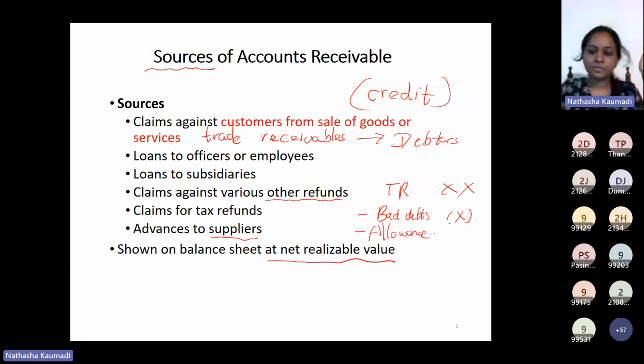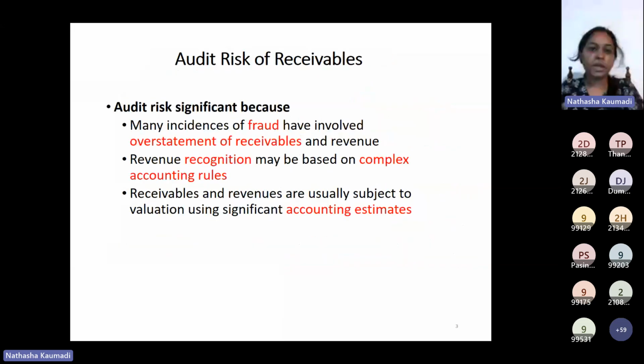Then you end up with this net trade receivables value. That is the net realizable value of these accounts receivables. So for all these sources, you have to take the net realizable value. Remember that. Okay. Now, audit risk of receivables.